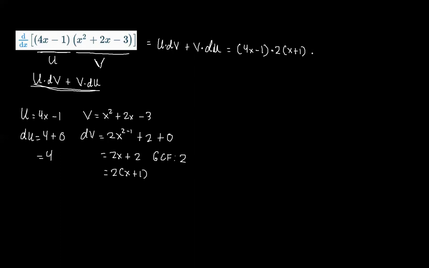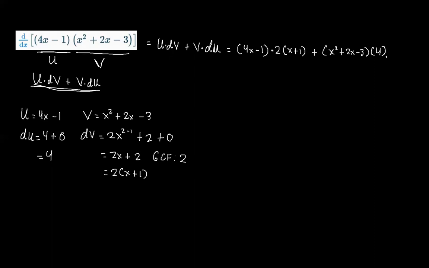All right. Next, we have your v, which is x squared plus 2x minus 3, times your du, which is just as simple as 4.